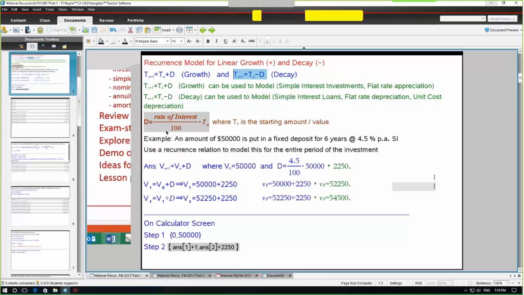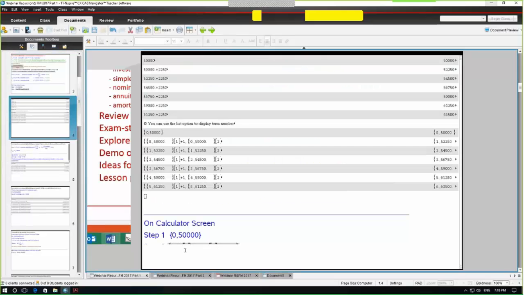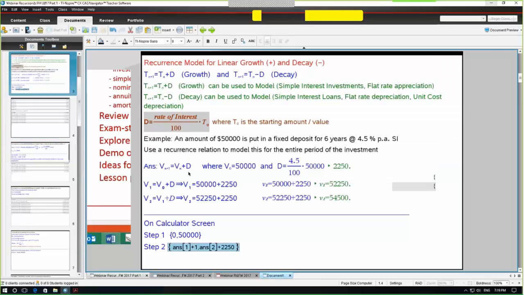So what I've done over here is I've entered 0 and 5,000, and then all I've done is this. I've entered this, and I'll actually demonstrate that by going to my test screen here. So 0 and 5,000, enter. And now you see I've got Ans(1) plus 1.